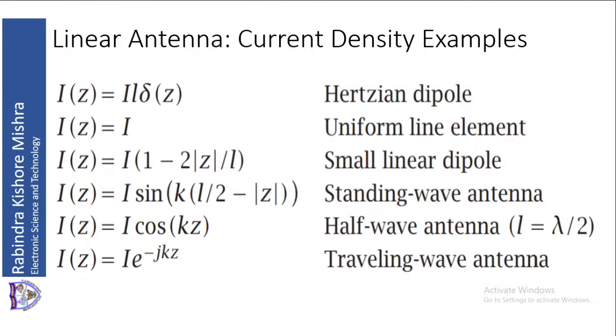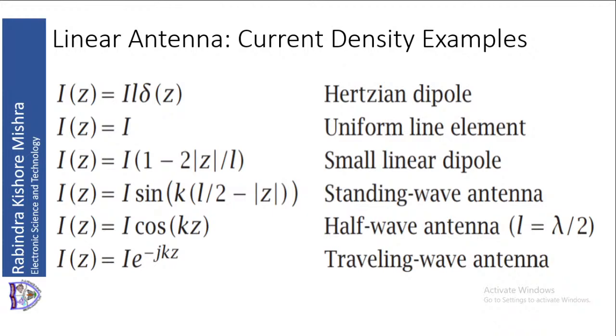So you can say Iz is equal to I for minus L by 2 less than or equal to Z less than or equal to L by 2, otherwise Iz is equal to 0. If that type of current distribution is there, then we call it a uniform line element.